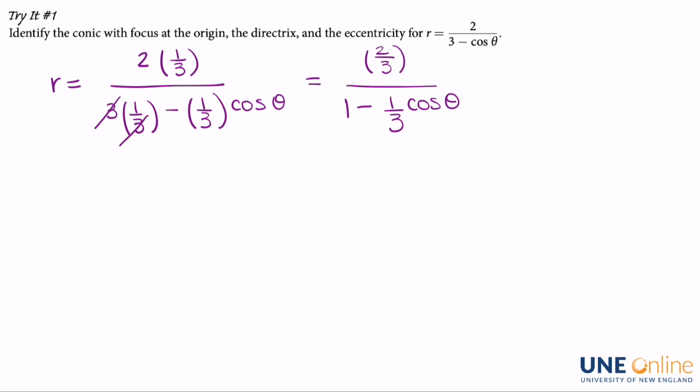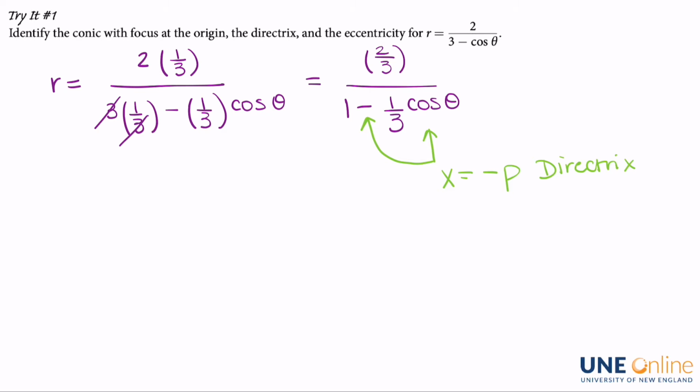If we have a cosine function here, this means our directrix is going to be of the form x equals something. Since we're subtracting 1/3 cosine theta, we're going to have a negative and then p. We'll need to find our value for p, but we'll set that aside for a moment. This is going to be the form of our directrix.